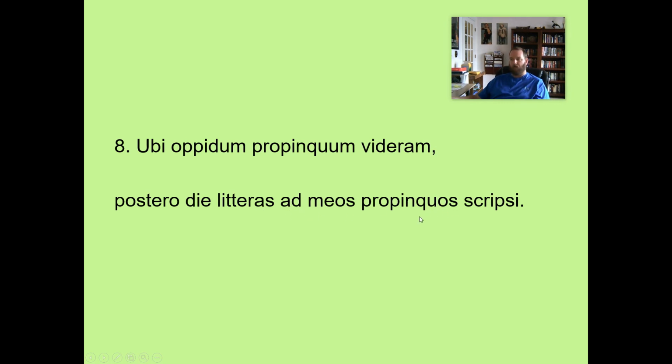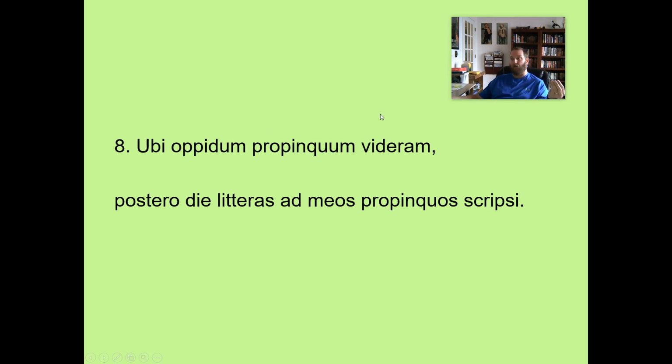Now, what is going on with this word propinquos? Well, technically that word means near or nearby, but when it's used as a substantive, it often means someone who is related to you. In other words, they're near you in blood. So that's why I translated it relative or kinsman, you could translate it. So I wrote letters to my relatives. So this is the main part of the sentence, and this is what we call the temporal clause.